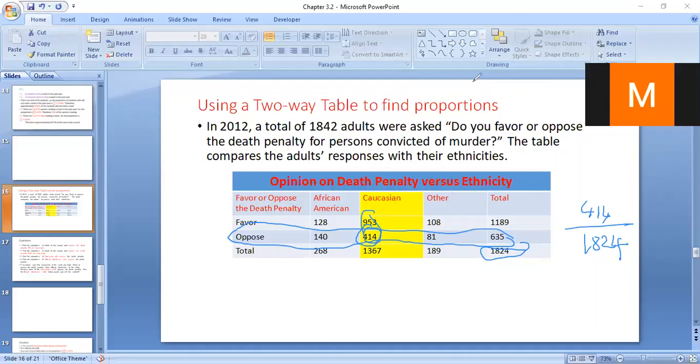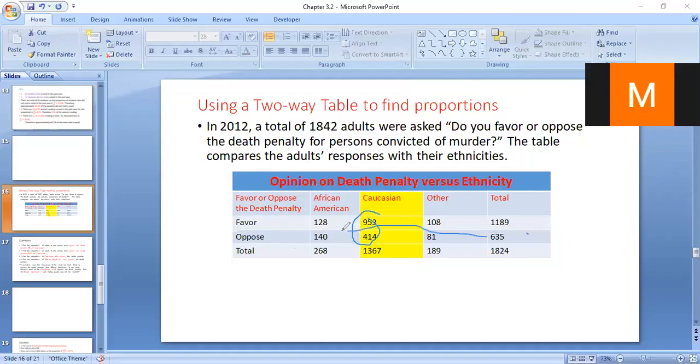And or, you get the Caucasian and add this one, right? And then you will get the 1,000. And then you divide by 1,824.